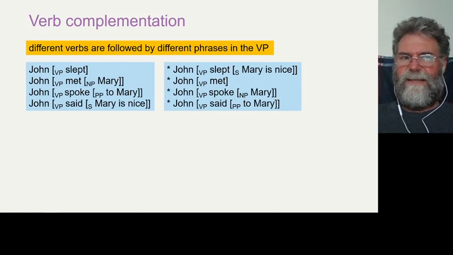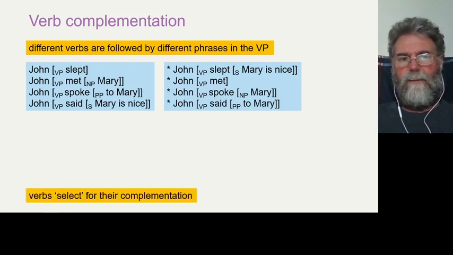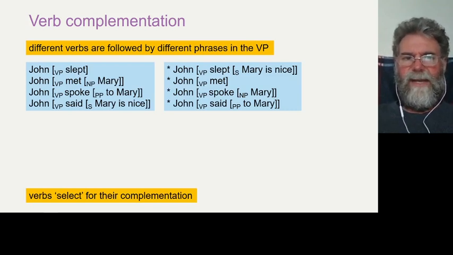And obviously this is a lexical property of those verbs, because it all depends on which verb we're looking at as to which kinds of phrases can and can't follow it. What we say here is that the verb selects for its complementation.